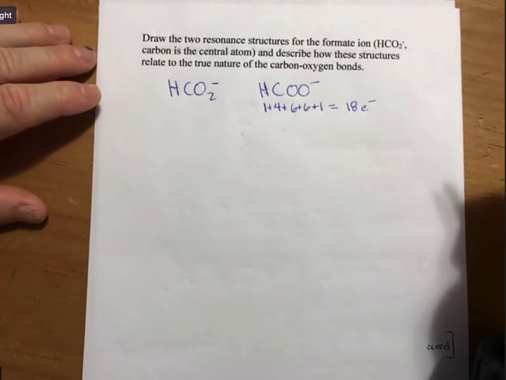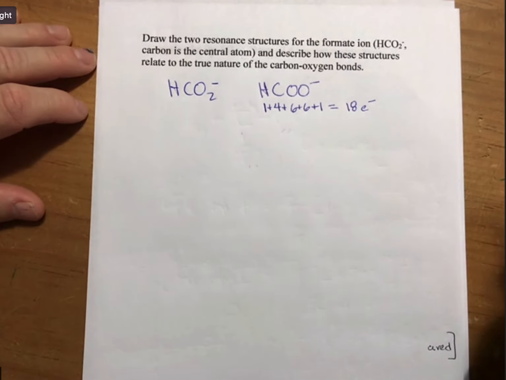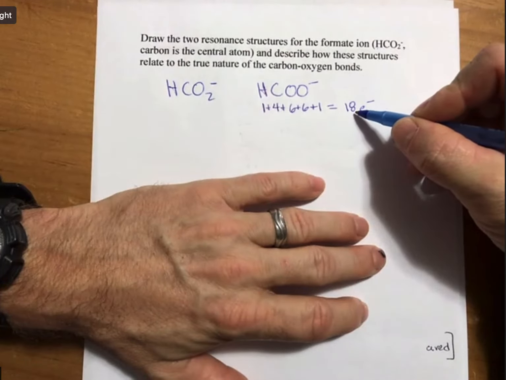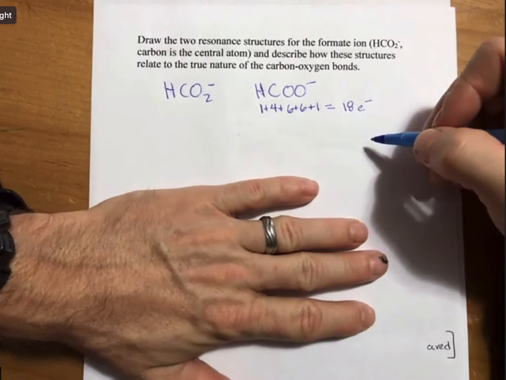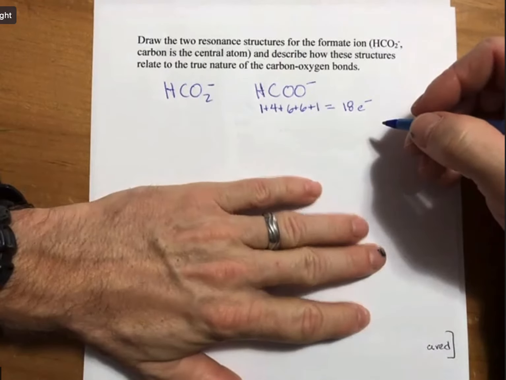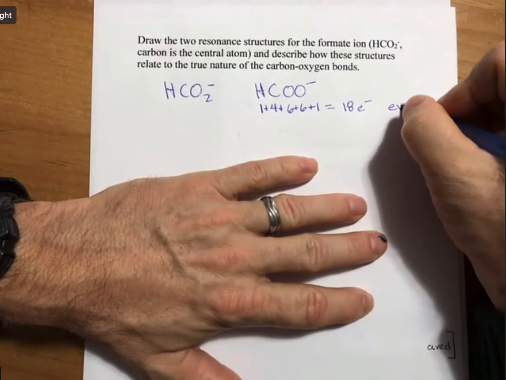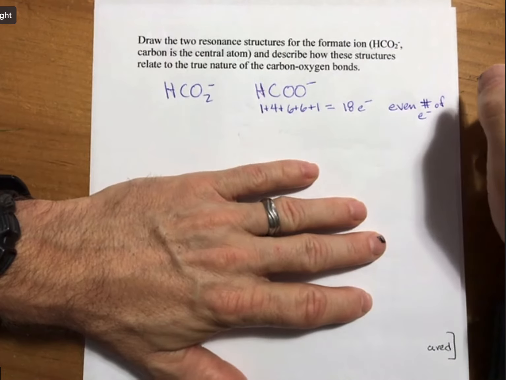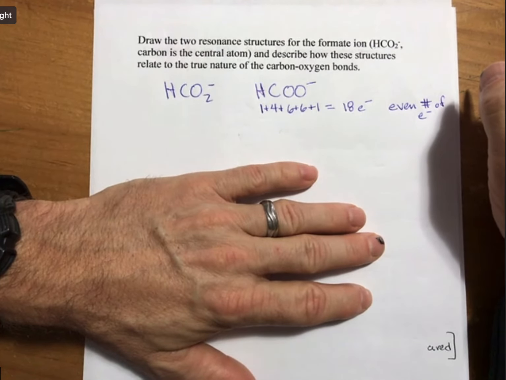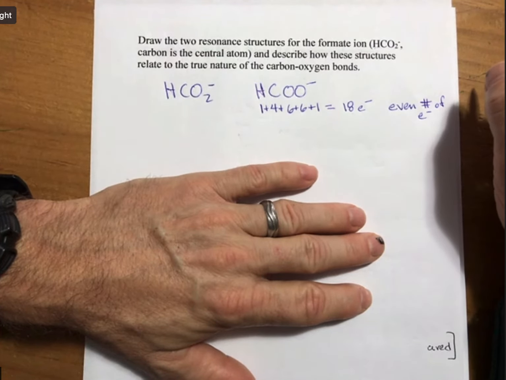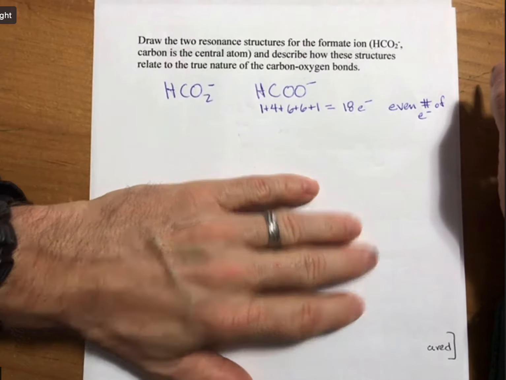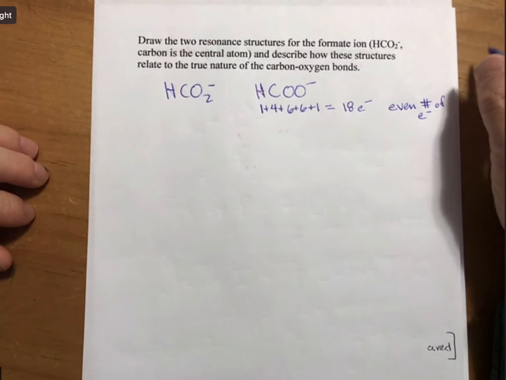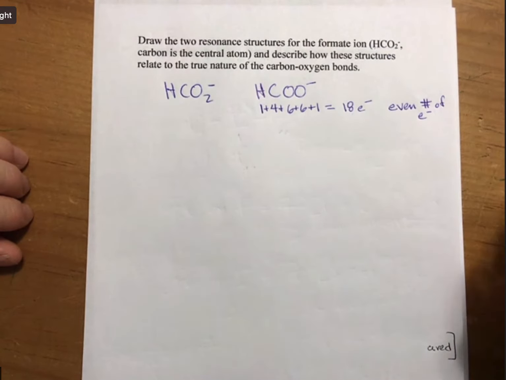And perhaps you're noticing a pattern in that at least every single Lewis structure we've done so far, and the vast majority of them that we will see, have even numbers of electrons. And that comes about because they all end up in pairs, because each bond is a pair of electrons, and each unshared pair of electrons, or lone pair of electrons, is a pair as well.